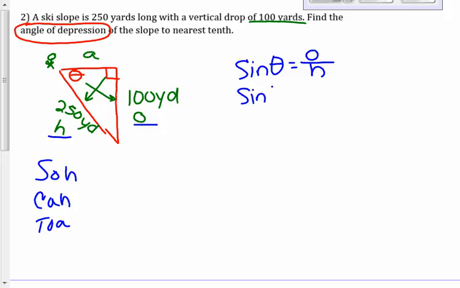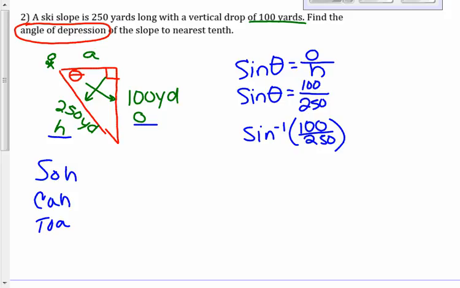We don't know theta, that's the angle of depression, so we leave that blank. We know the opposite is 100, and we know the hypotenuse is 250. We need the angle, so anytime we need the angle, we take the inverse. So we're going to take the inverse of sine of 100 over 250. At that point, we go ahead and grab our calculator again.